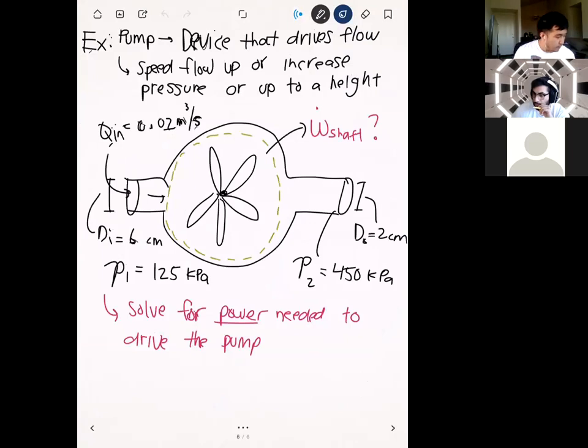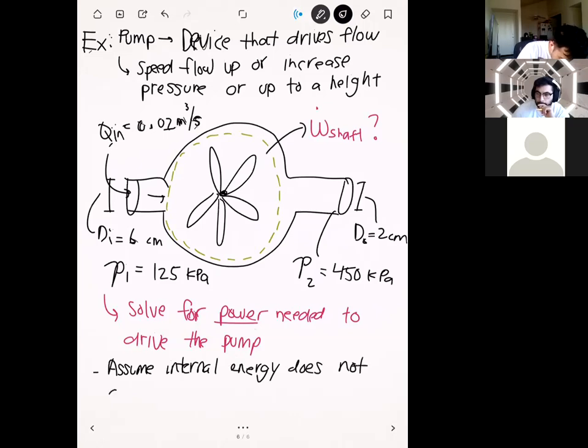All right. So first let's do some assumptions. And so most of the time, unless it's given to you in the problem, you can assume that the internal energy does not change between inlet and outlet. Okay.